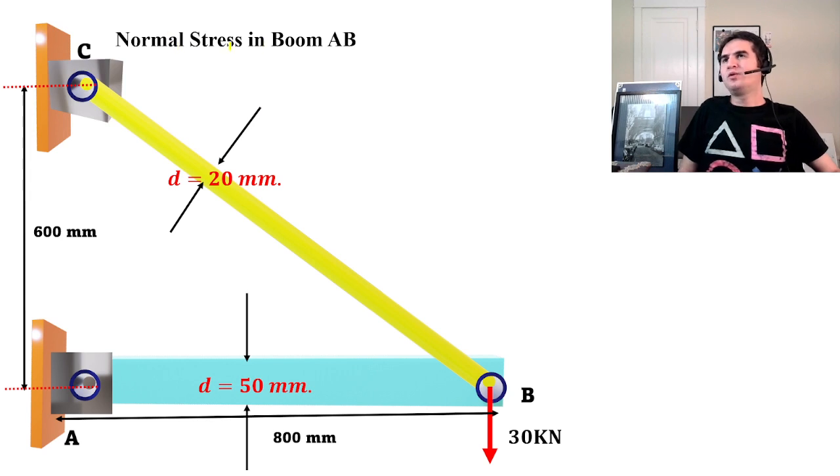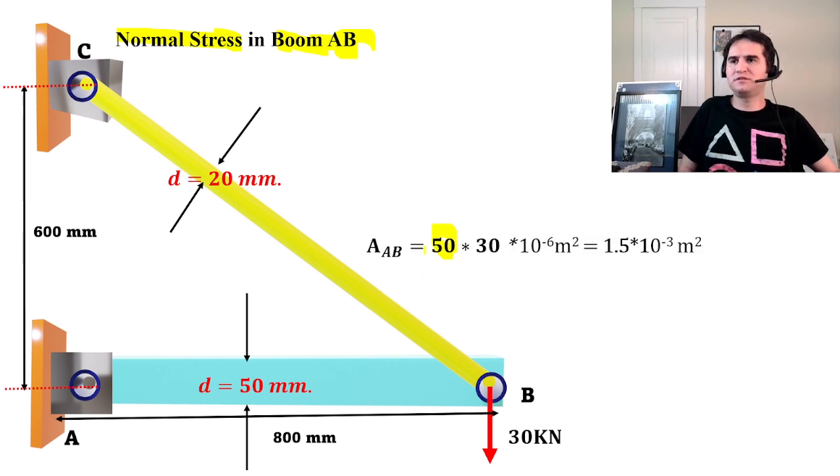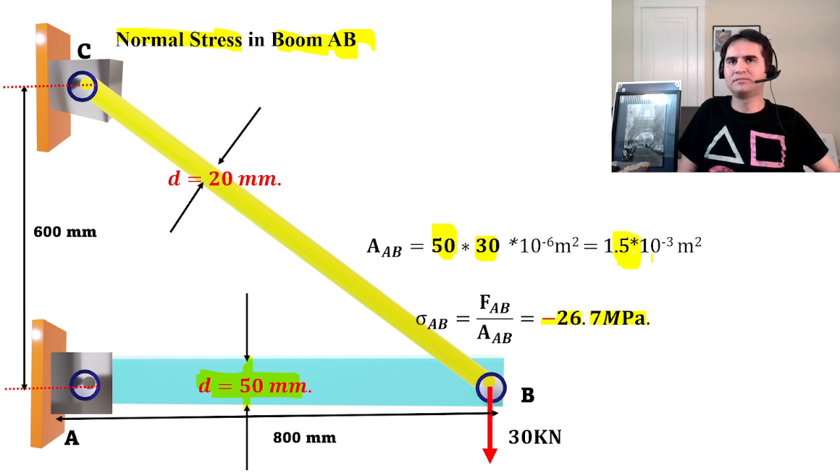Let's calculate normal stress in boom AB this time. Boom AB is a rectangle with a dimension of 50 in length and 30 millimeters in thickness. So that gives us this much area, and FAB is negative 40. We already calculated the force in both of them.